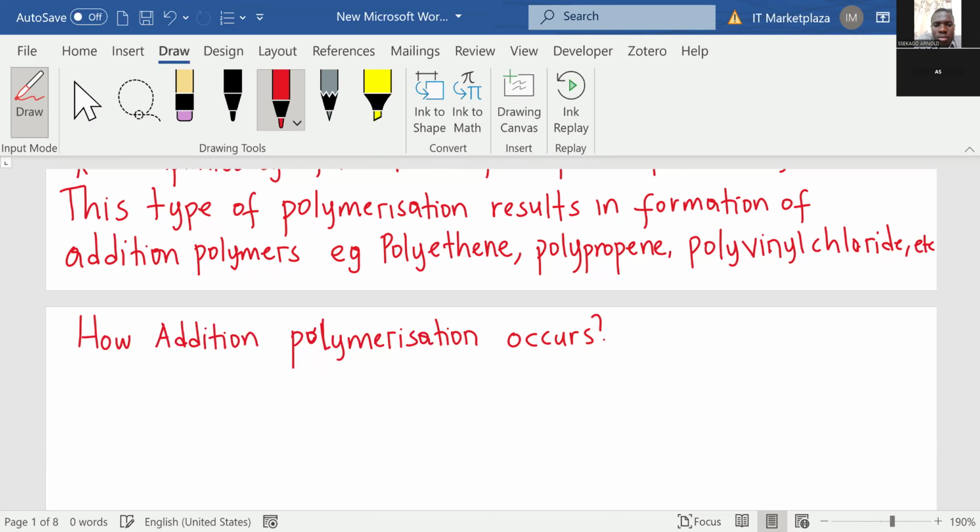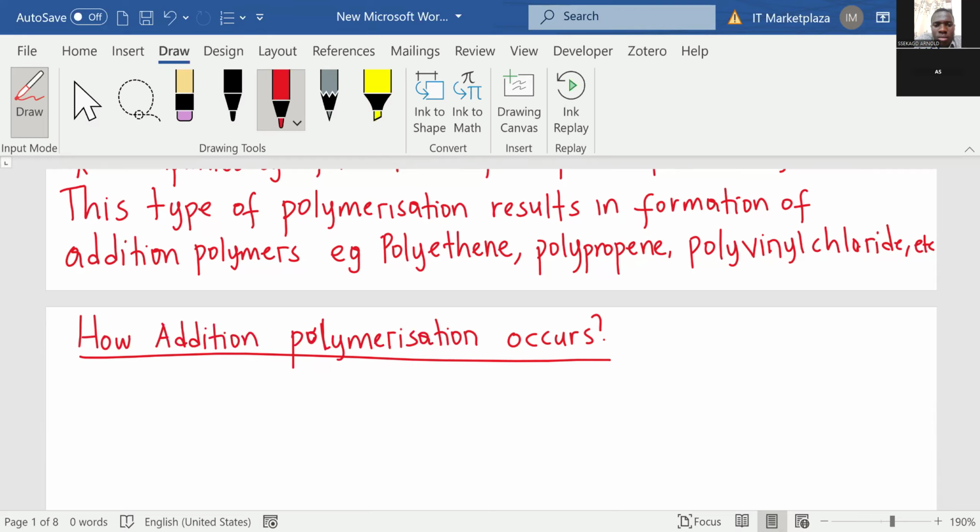How does this process result in formation of a polymer? In simple terms, if I take an example of a monomer, can I see exactly how this polymer looks like? Here we are going to see how polyethylene looks like in actual sense. That's why this is a bit advanced information.